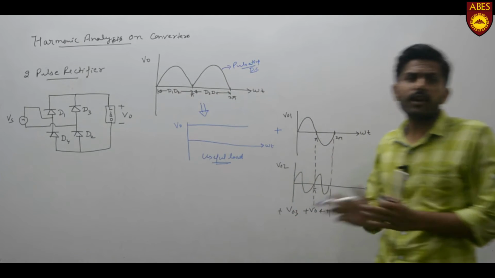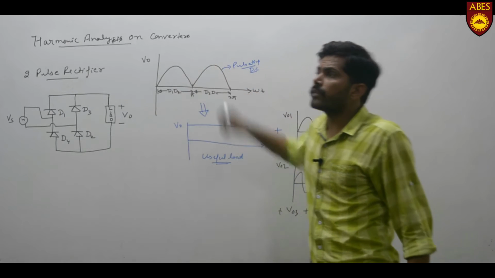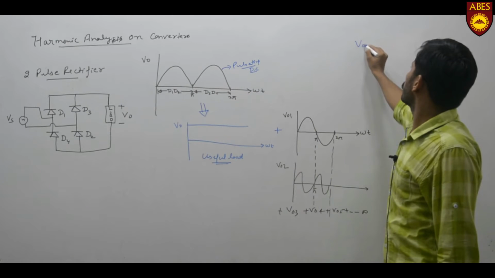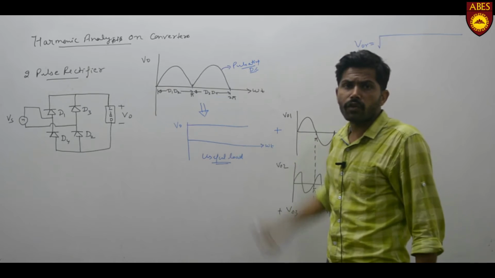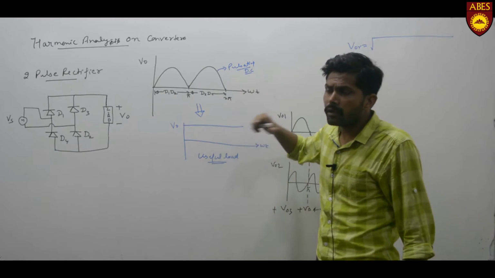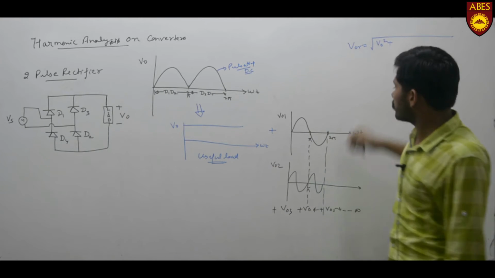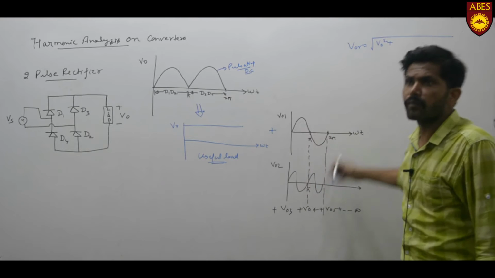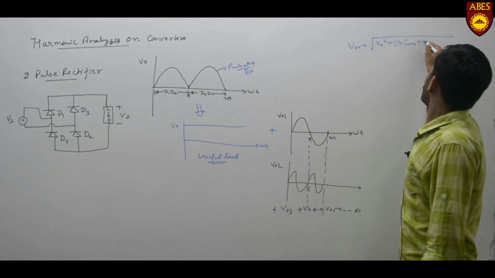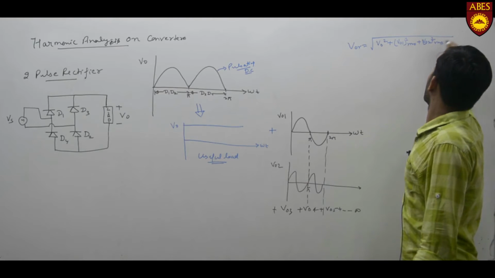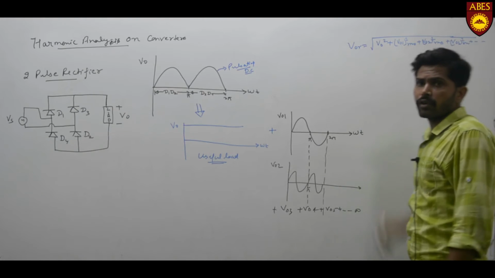Now how can we estimate harmonics on the DC side of the converter? If we calculate the RMS value of that waveform, VOR is equal to the square root of V naught square, because this is a unit step waveform where the RMS and average value are the same, plus the squares of the RMS values of all these harmonics: V01 RMS square plus V02 RMS square plus V03 RMS square and so on.